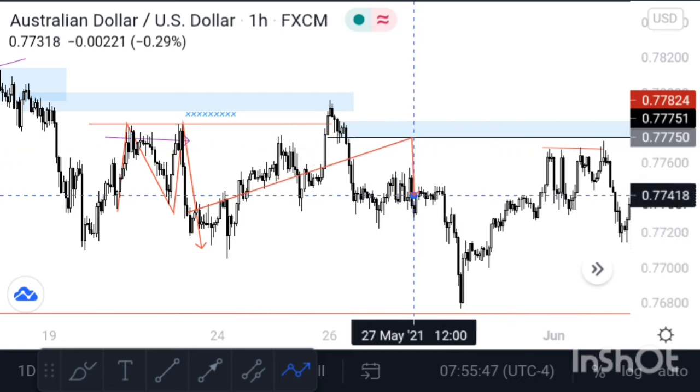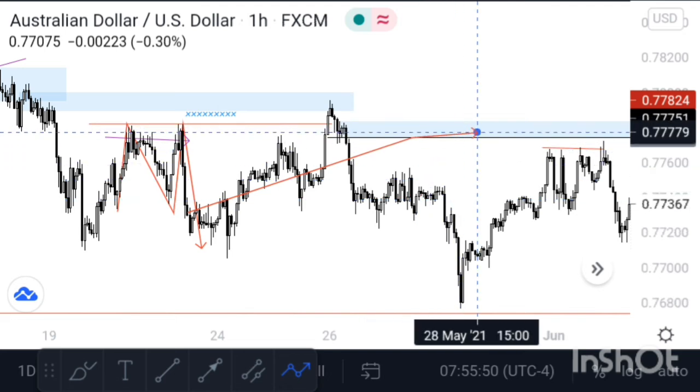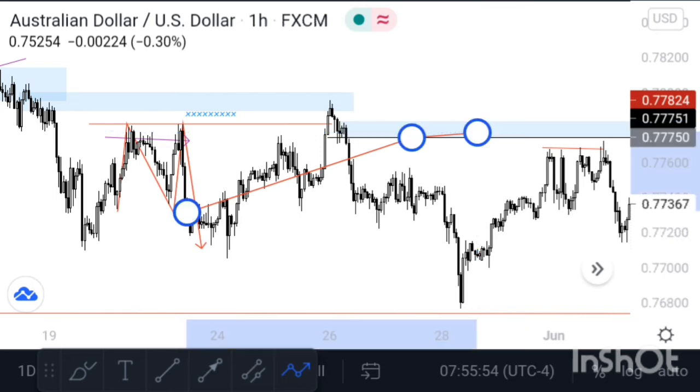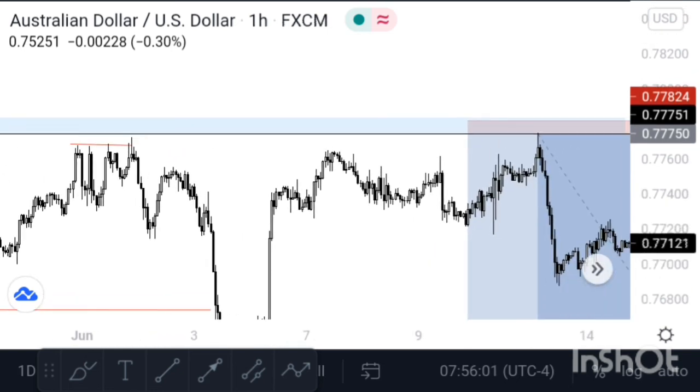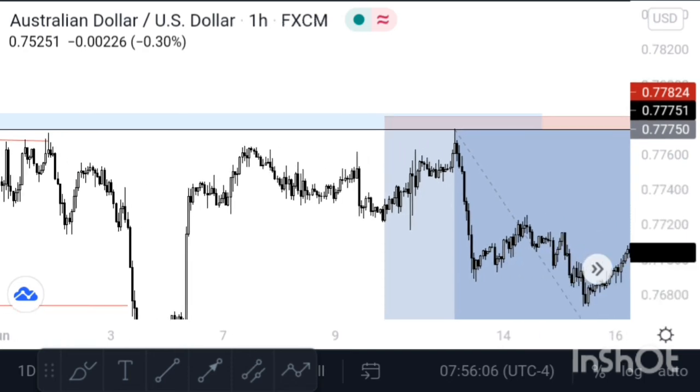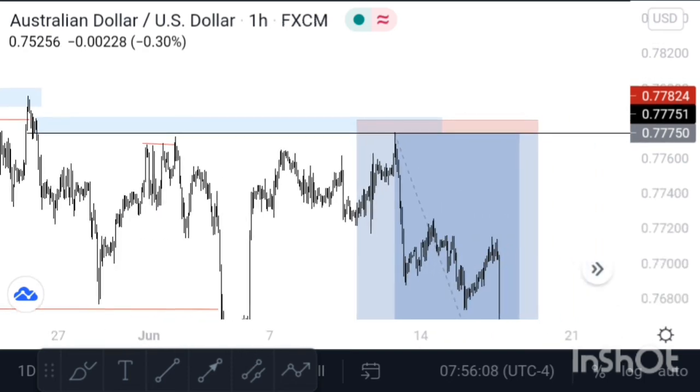If it didn't mitigate it, this zone must be mitigated before going down, because every time we're going lower, we have to manipulate or mitigate the highs before going down, because we need the momentum before going down.